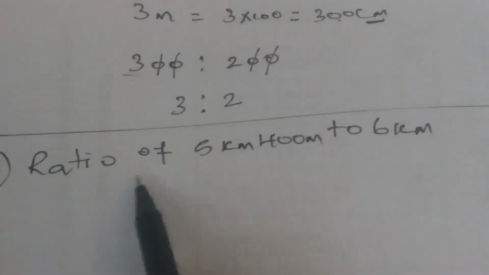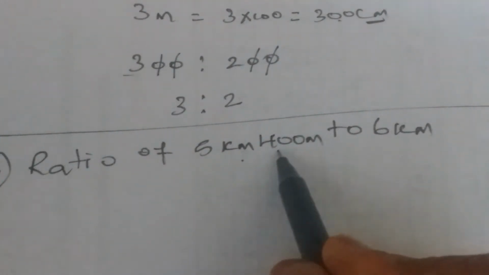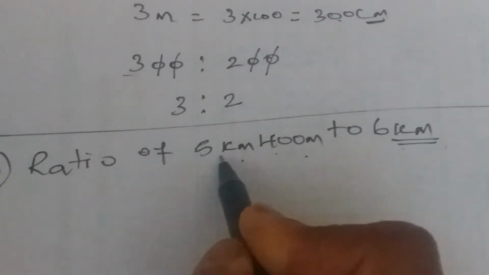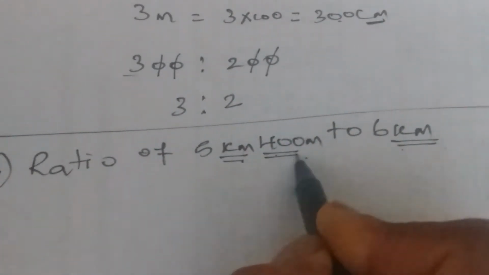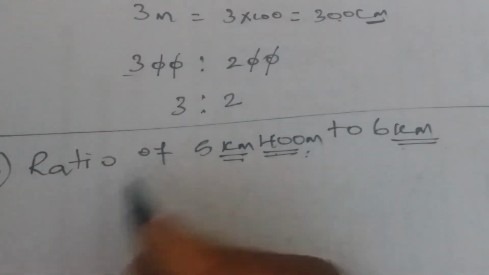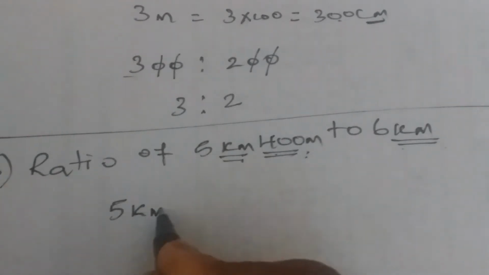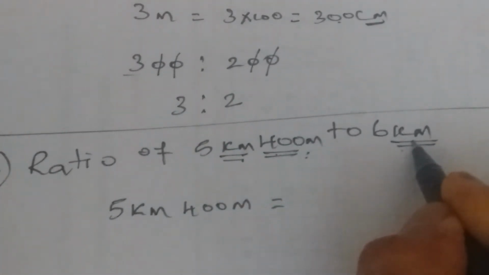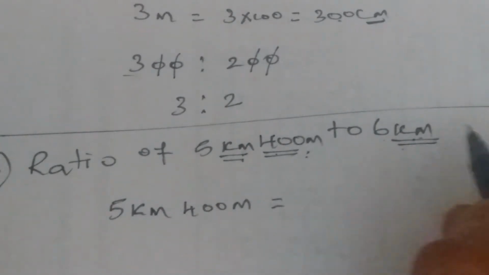Next is ratio of 5 kilometers 400 meters to 6 kilometers. See, here the unit is kilometer. And what is the unit here? 5 kilometers and 400 meters. Kilometers and meters both are there. So first let us convert this 5 kilometers 400 meters, or 6 kilometers, into the other unit.